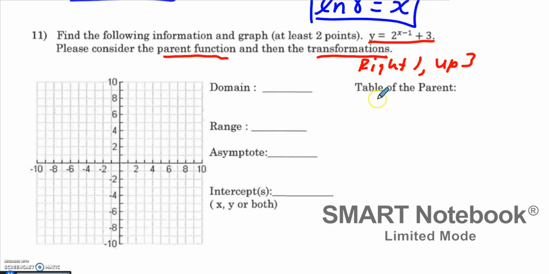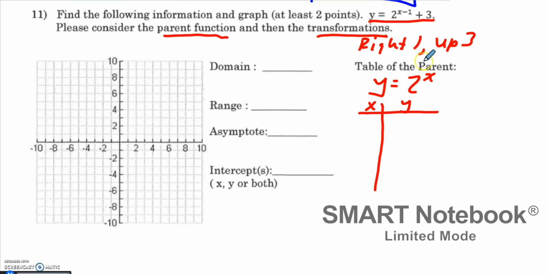But the most basic version of this graph is just y equals 2 to the x, because we're not doing any transformations. So I would make a table for the parent graph and then shift all of those points around. It says at least 2 points, but I'll do 5 because I want to be thorough.